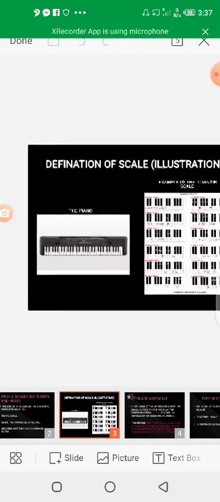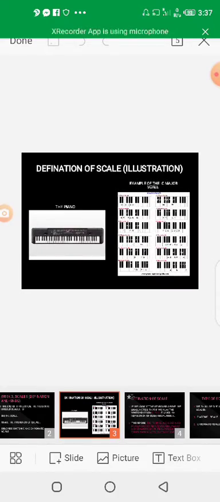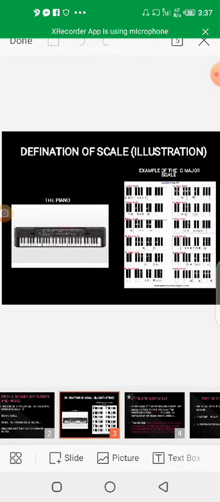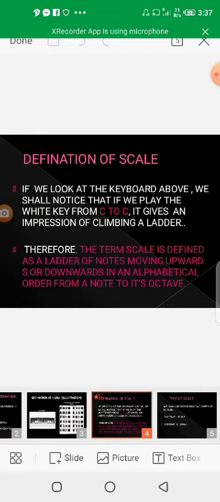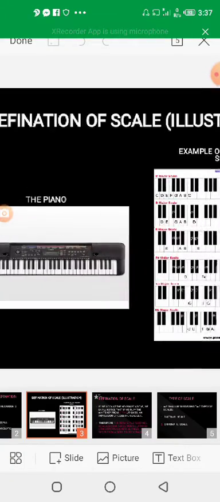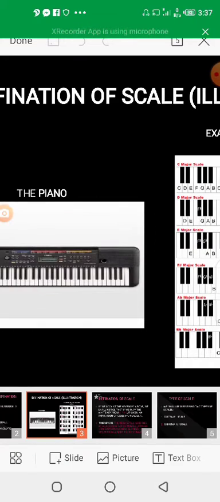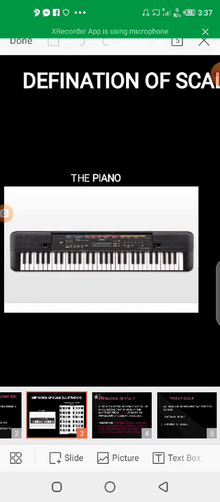Okay. So let's go down to the next slide and see what we are to learn today. Definition of scale. Now, if we look at the keyboard above, look at it once more.